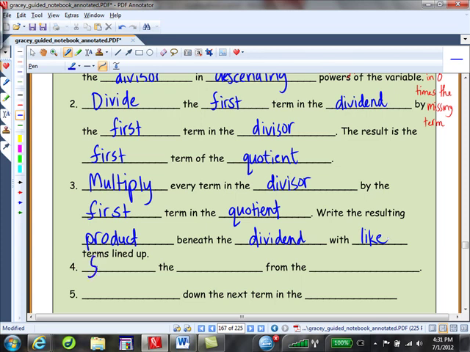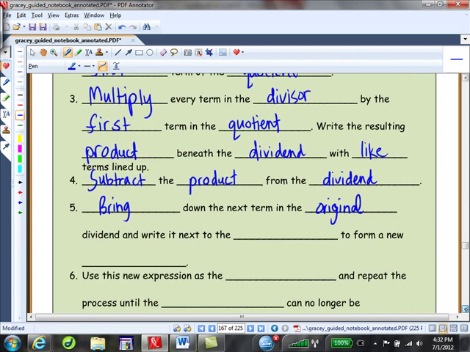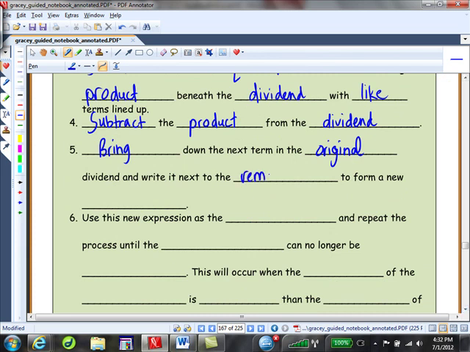Then subtract the product from the dividend. Step 5 was to bring down the next term in the original dividend and write it next to the remainder to form a new dividend.